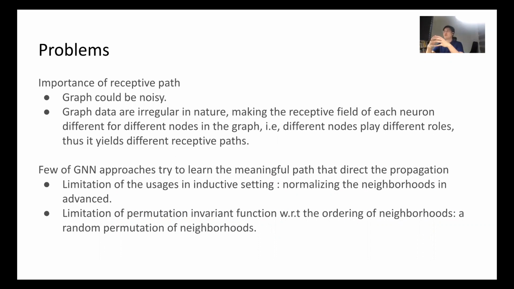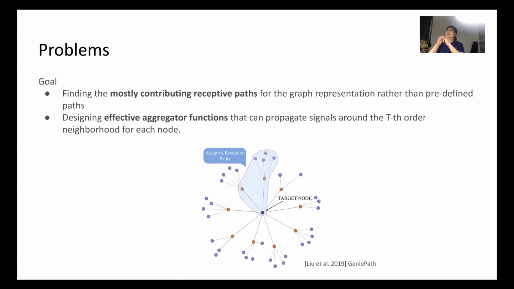Few GNN approaches try to learn the meaningful paths that predict the propagation. This is the goal of our project, finding the most contributing receptive paths and designing effective aggregator functions. This receptive path will help us in node prediction tasks.